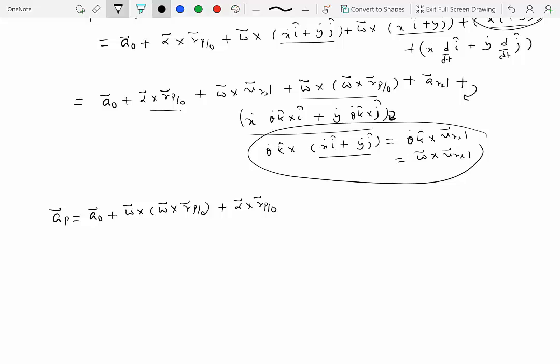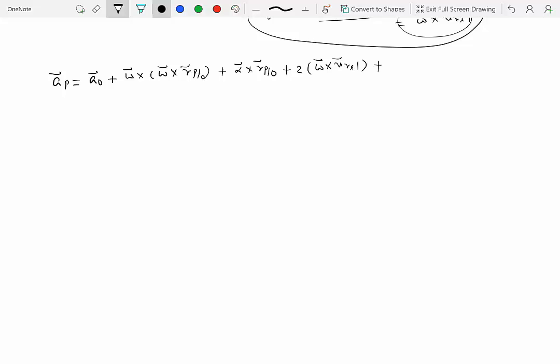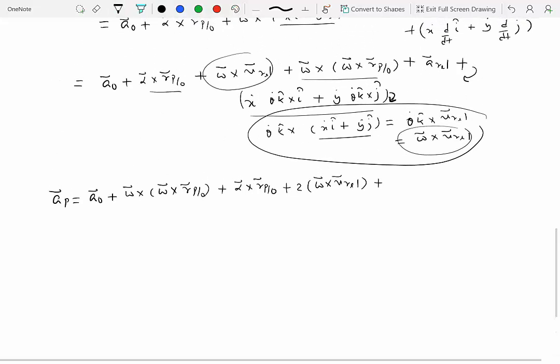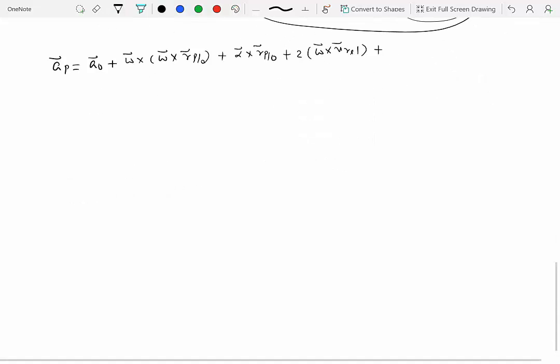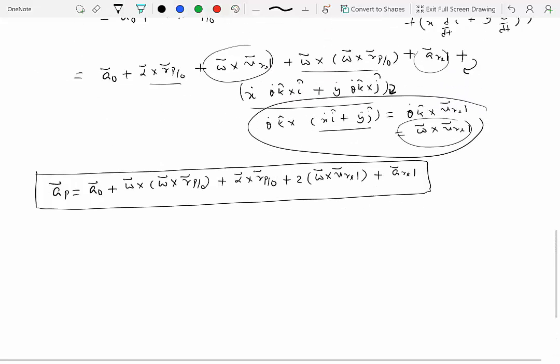Then we have omega cross v relative and omega cross v relative. There are two of these, so that would become 2 omega cross v relative plus we have finally one more term left, which is a relative. So let's write that. And that is our equation for relating acceleration of 2 points when you choose a primary and a moving reference frame, right?